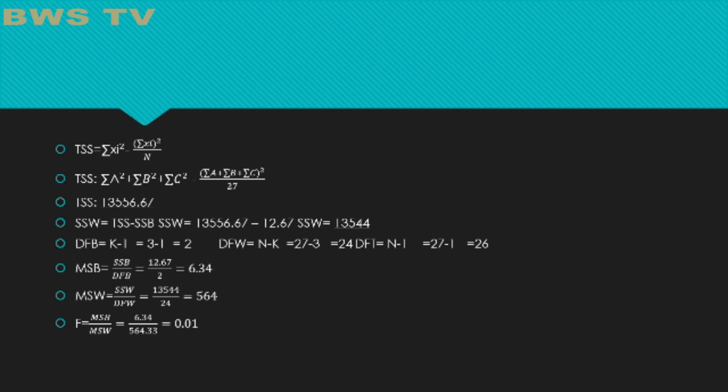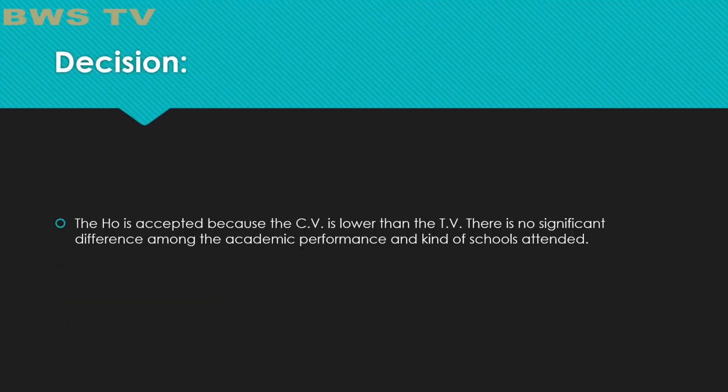F is equal to MSB over MSW, substitute, and the answer will be 0.01. The H0 is accepted because the CV is lower than the TV. There is no significant difference among the academic performance and the kind of attendant. Remember the LAHR.